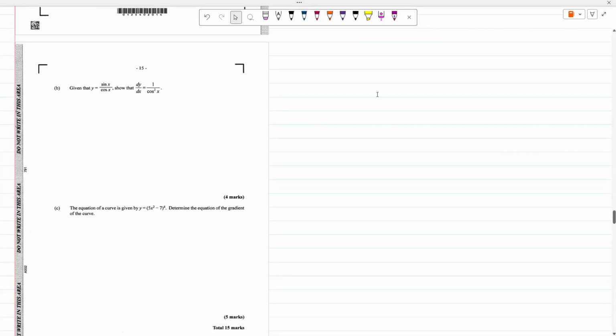Given that y is equal to sin x on cos x, show that dy dx is 1 on cos squared x. So we can say that y is of the form u over v, where u is sin x, du dx is cos x, and v is equal to cos x, dv dx is minus sin x.